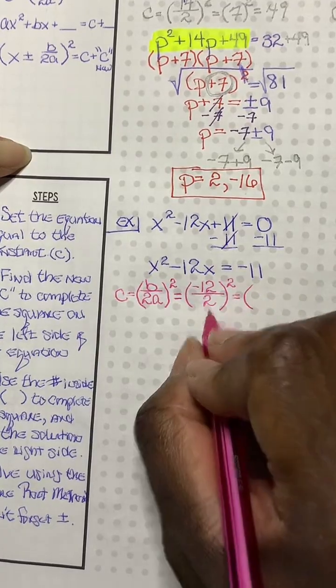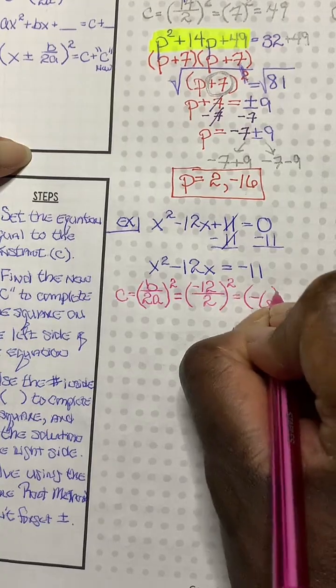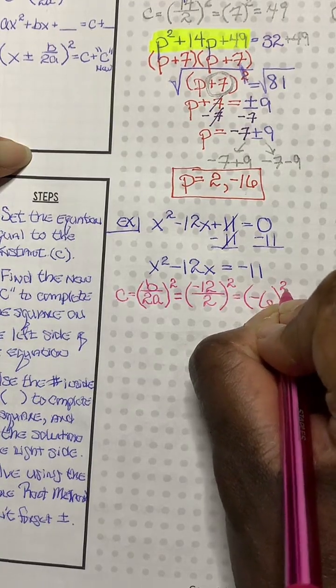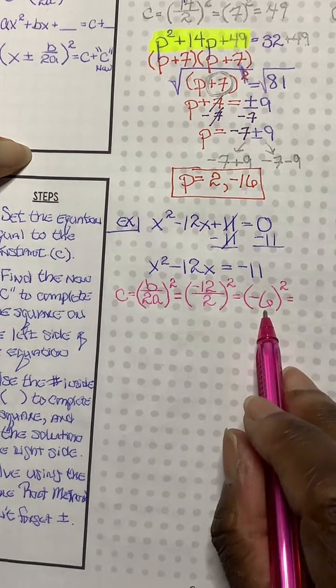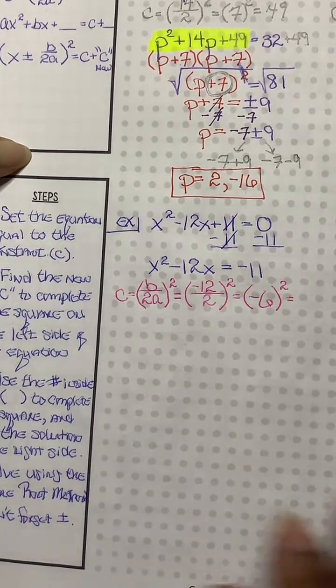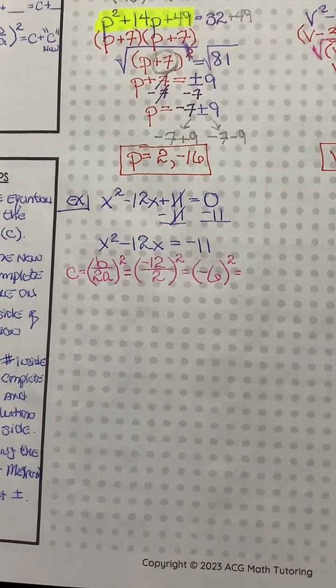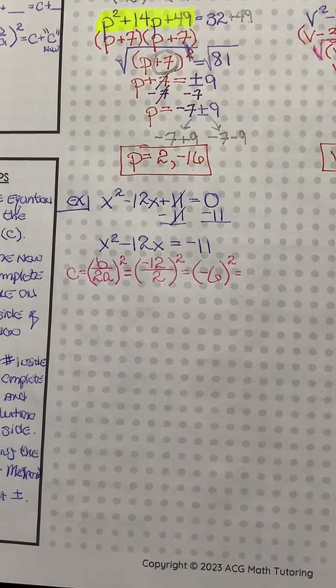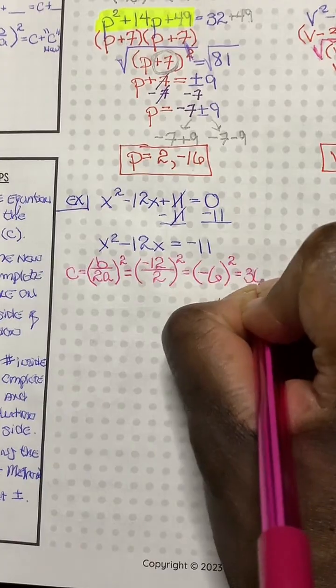So negative 12 divided by 2 gives me a negative 6. And then, what's negative 6 squared? Okay, good. Positive 36.